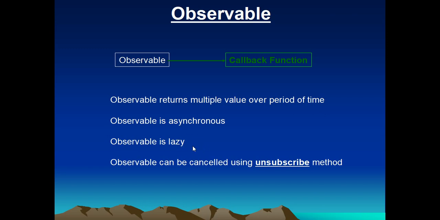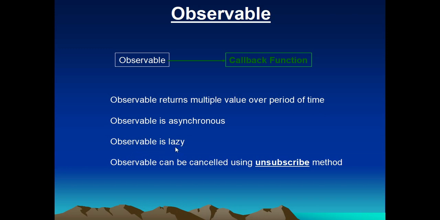Lazy means once you invoke the observable, it returns a value only when you subscribe to it, when you ask for it. It's not like a promise. In case of promise, it always returns the value no matter what. But in case of observable, it only returns a value when you subscribe to it.